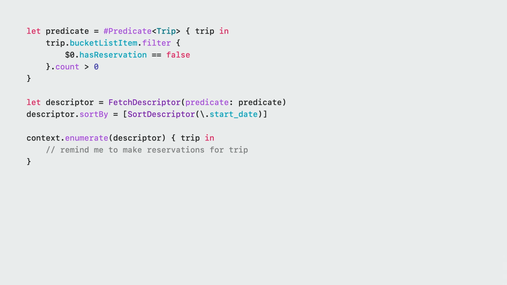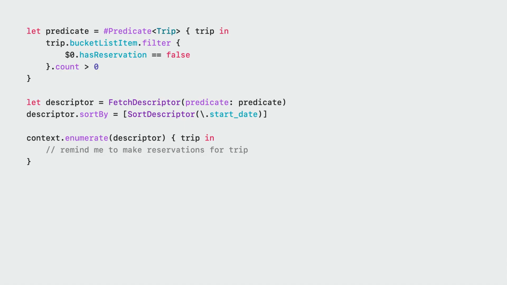Enumerate works great with fetch descriptors regardless of their complexity, from simple to powerful and everything in between. Enumerate automatically implements platform best practices for traversals like batching and mutation guards. These are customizable to meet the needs of your specific use case.